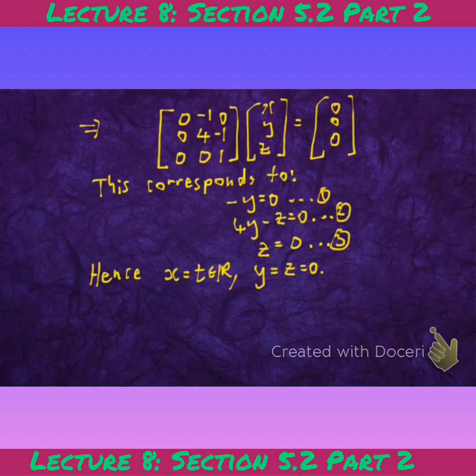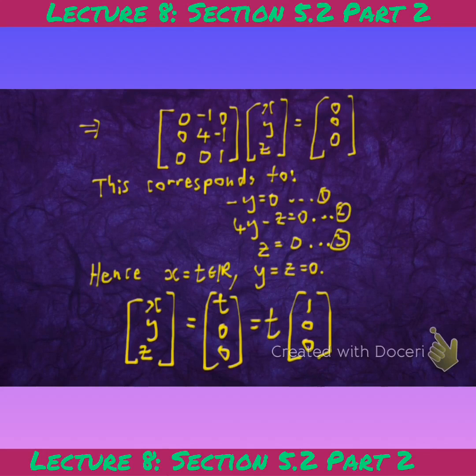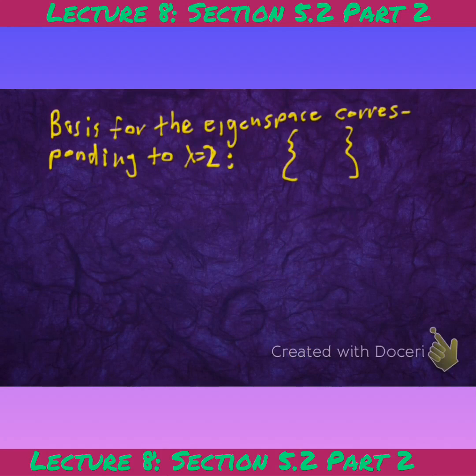Therefore, the basis vector for the eigenspace corresponding to lambda equals 2 is the vector (1, 0, 0). Next we look at lambda equals minus 2.